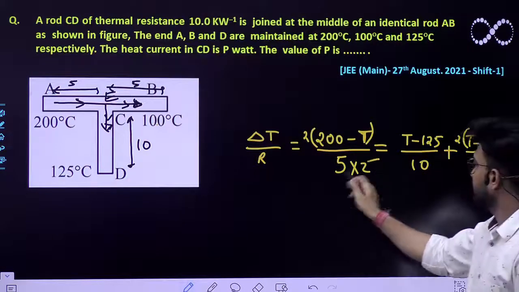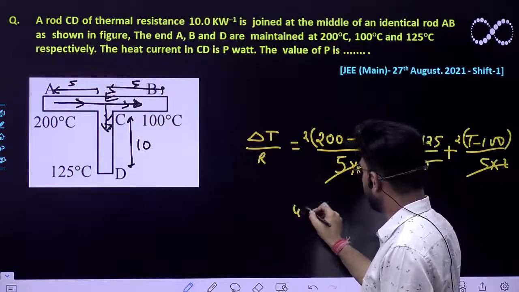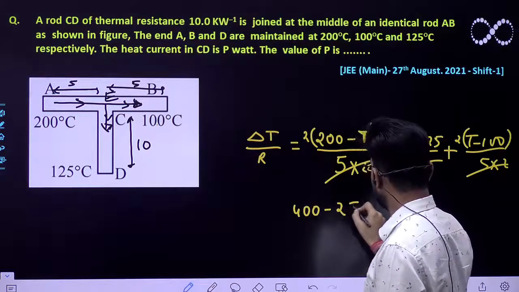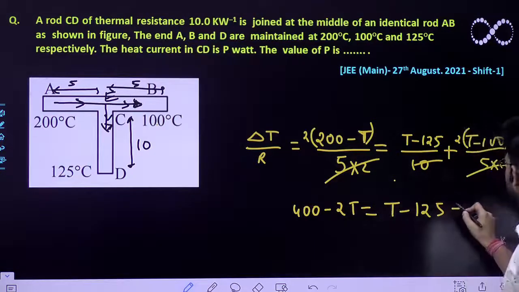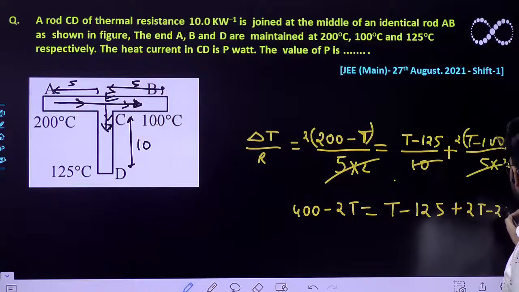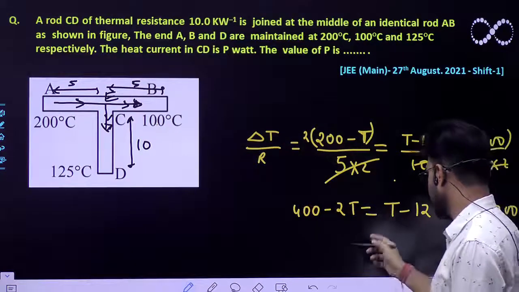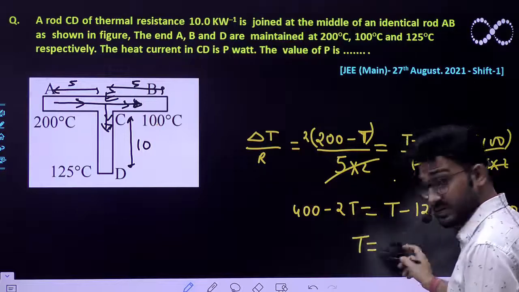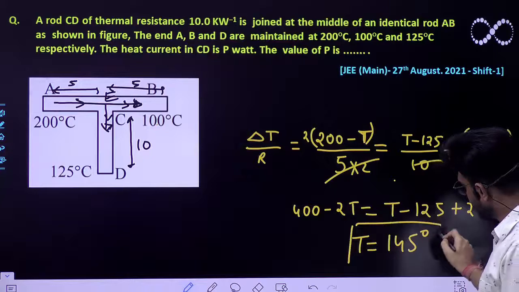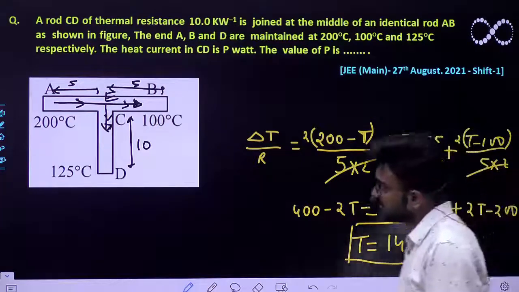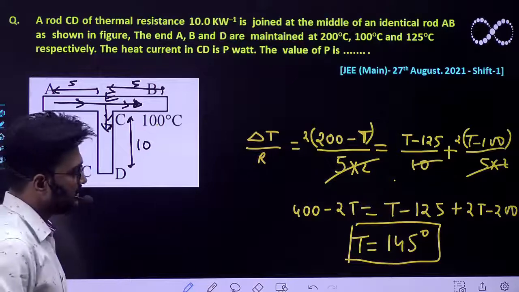So this 10 will cancel out, so eventually you will get 400 minus 2T must be equal to T minus 125 plus 2T minus 200. Solving it, we get the value of temperature, which comes out to be 145 degrees. So the temperature of the junction must be equal to 145 degrees centigrade.